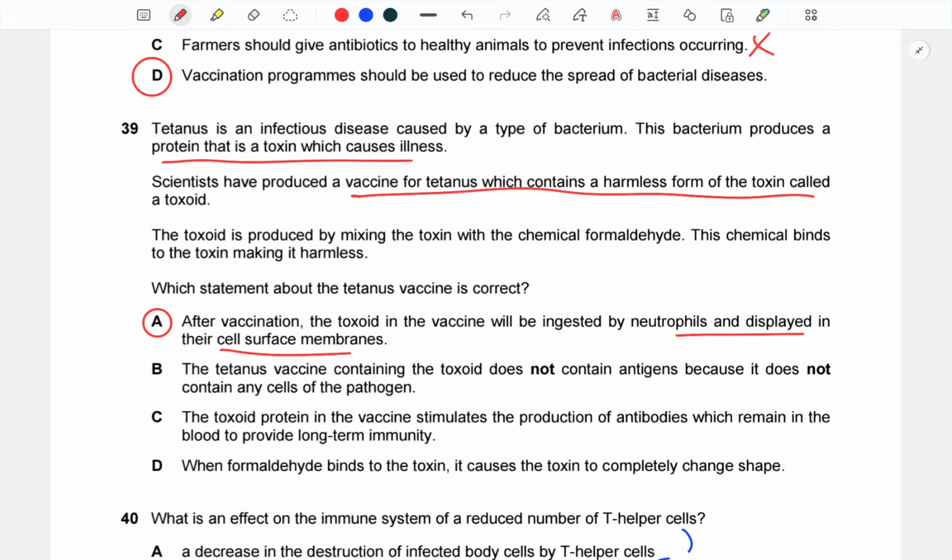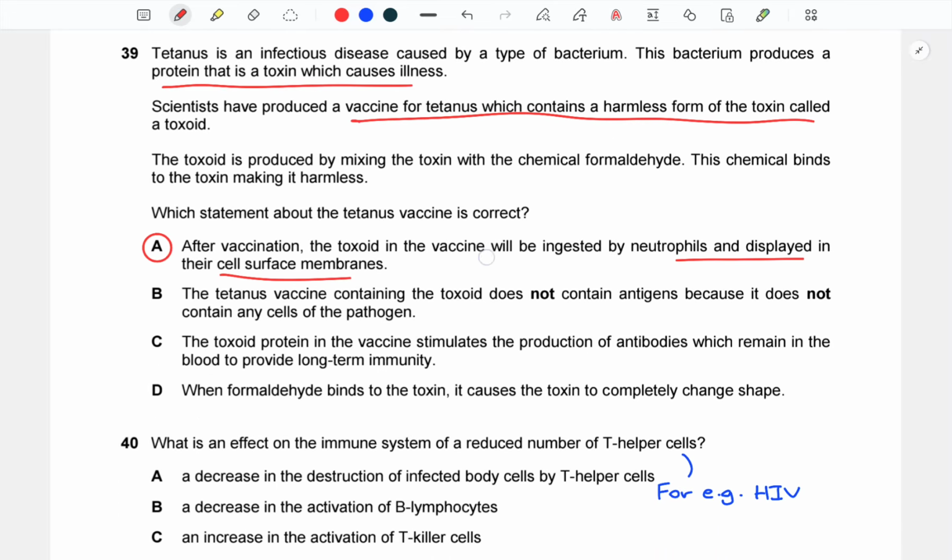These memory B cells will remain in the body for a long time, and if the same antigen comes into the body, this time in its actual form, not in the form of vaccination, the memory B cells will recognize this antigen as non-self and will initiate the immune response very quickly, releasing a high amount of antibodies which will protect your body.